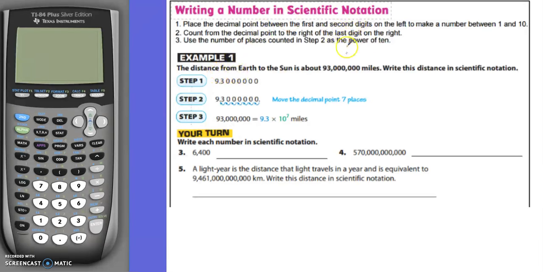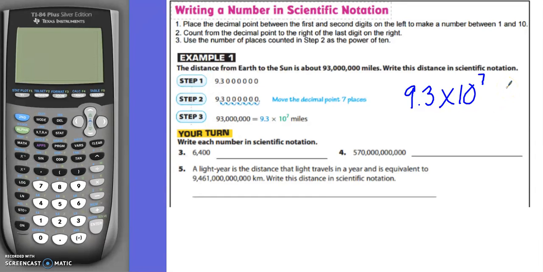Then we are going to count over how many places. So we have 1, 2, 3, 4, 5, 6, 7. 7 places to the right is going to make it 10 to the 7th power. So when we write this, we have 9.3 times 10 to the 7th power. So if you actually multiplied it out, you would get 93 million.